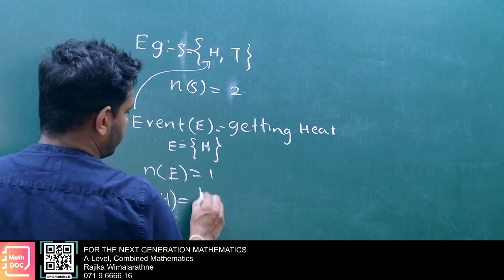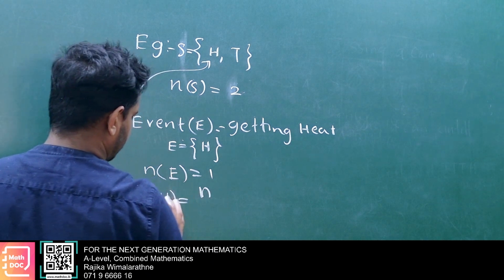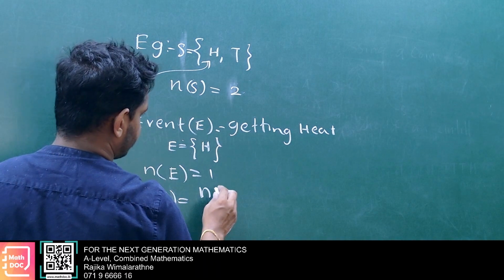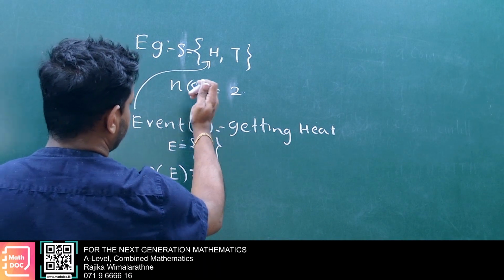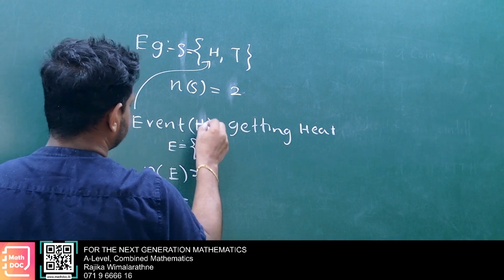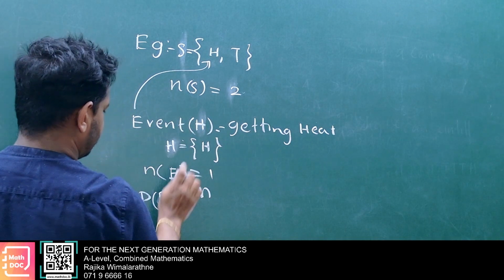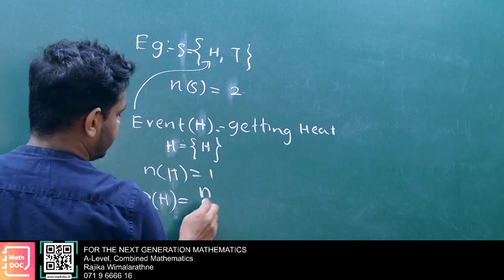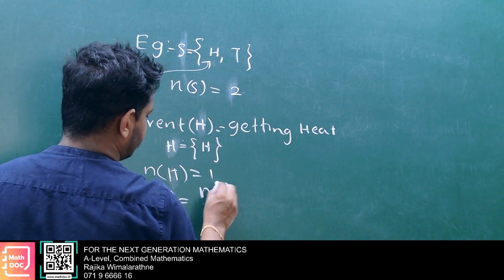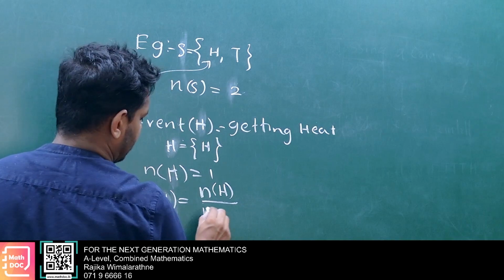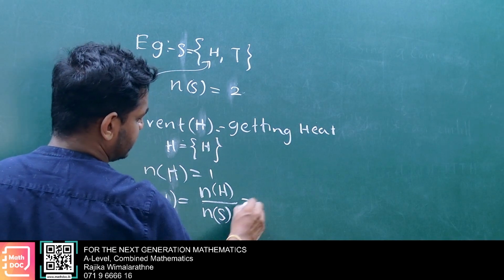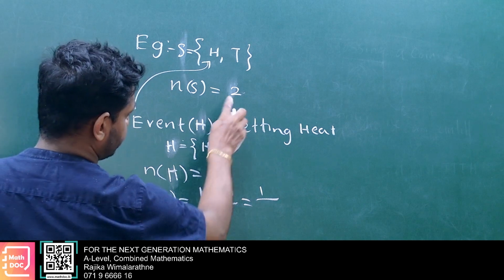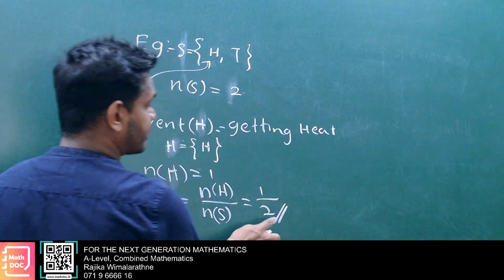Here, let's say event H, getting head. We denote it by n(H) divided by n(S). This is our classical definition. Here n(H) is 1, n(S) is 2. Then the probability of getting head is half.